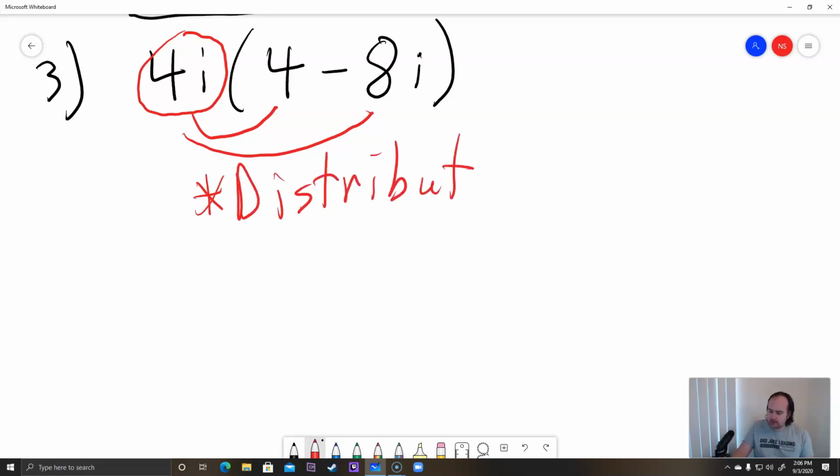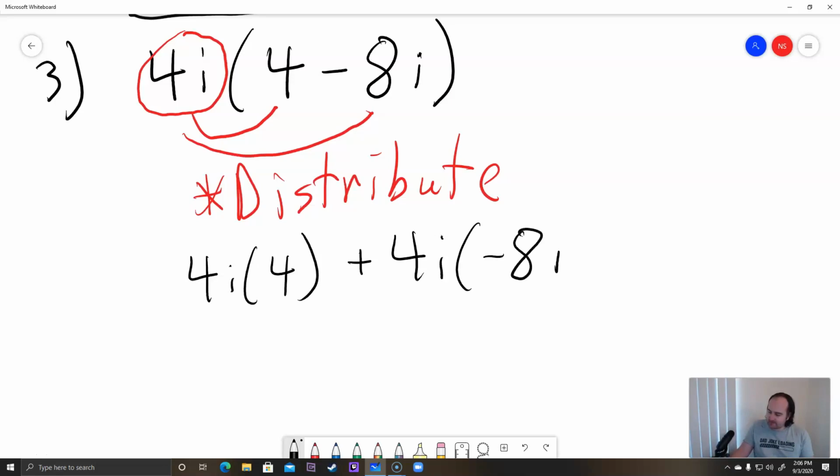then you're going to get, for the first term, 4i times 4. And then for the second term, we're going to have plus 4i times negative 8i. Okay, so 4i times 4 plus 4i times negative 8i.